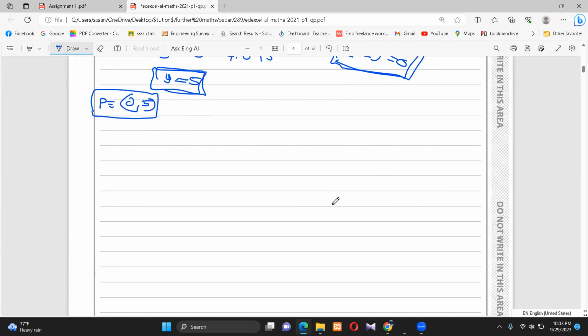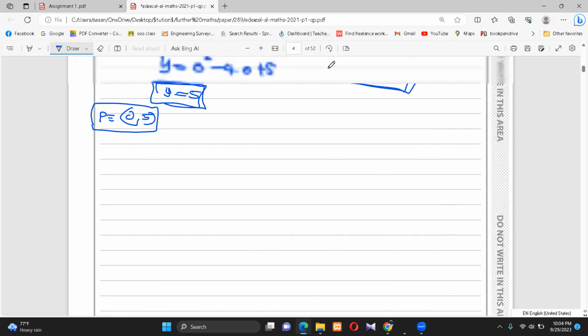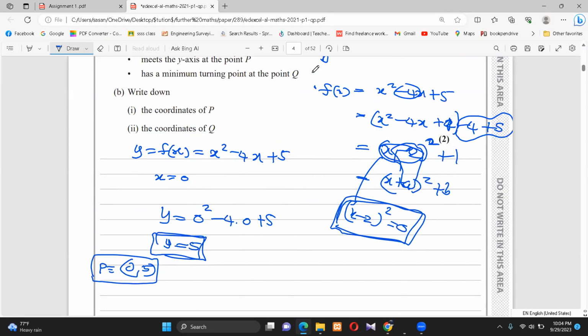Actually, I will explain it by taking a little bit of time, using the same example. When we plot this, it is just a parabola, right? The shape of this quadratic function is a parabola.